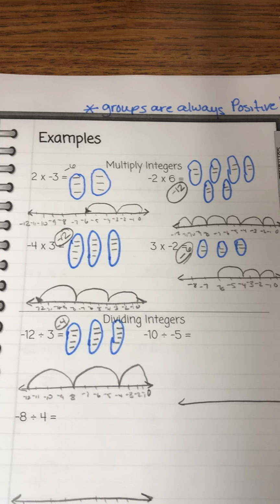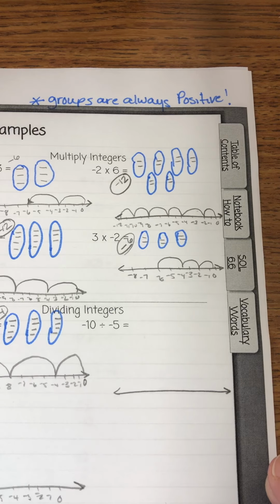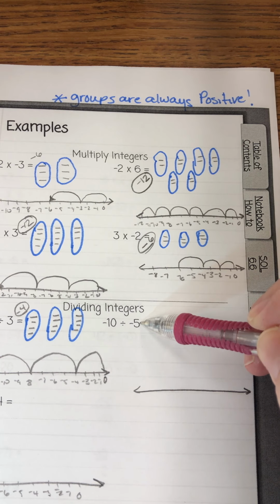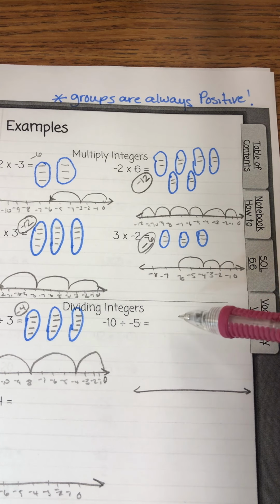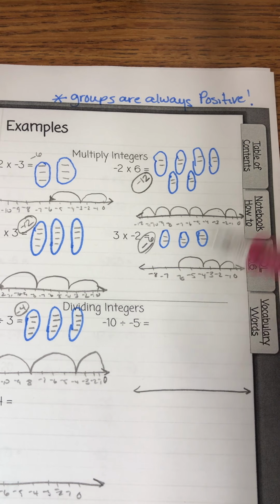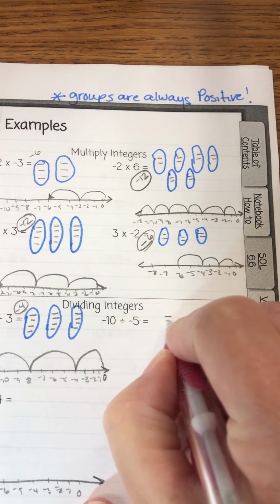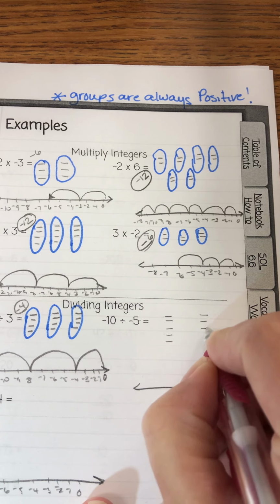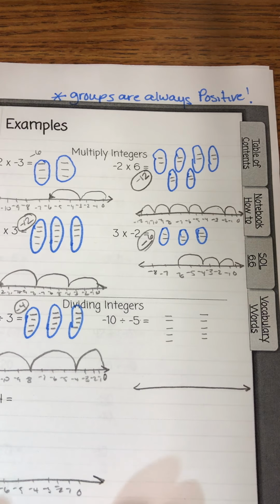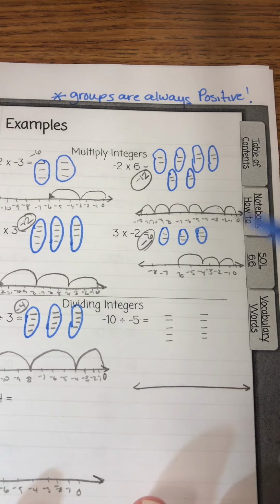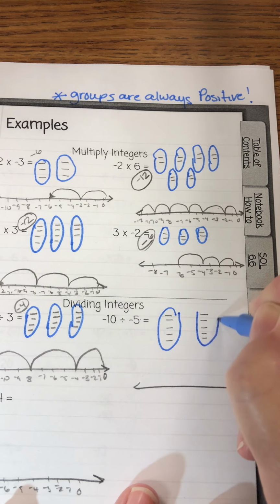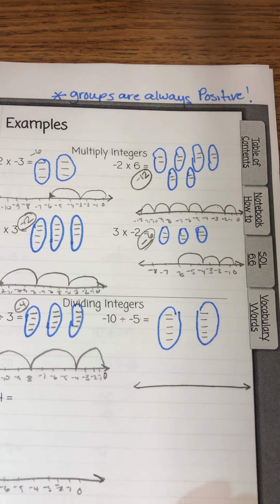Very good. Now, this one, you have 2 negatives. It's okay. If I had to take my negative 10 and write it out by 5s, what happened? That's right, you formed 2 groups.